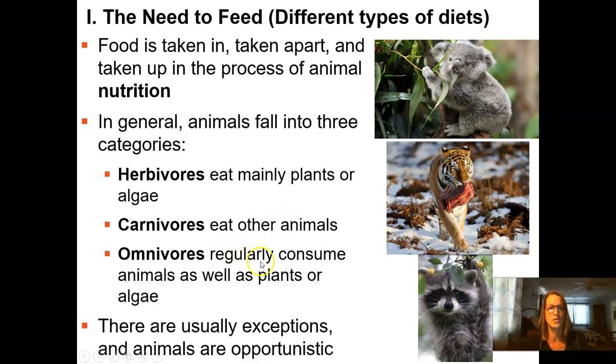And then omnivores will regularly consume either plants or animals. And a good example of an omnivore is a raccoon. Bears are also omnivores, and humans are omnivores.